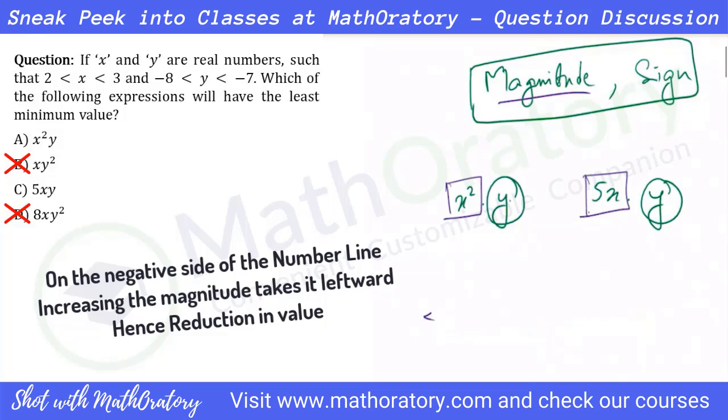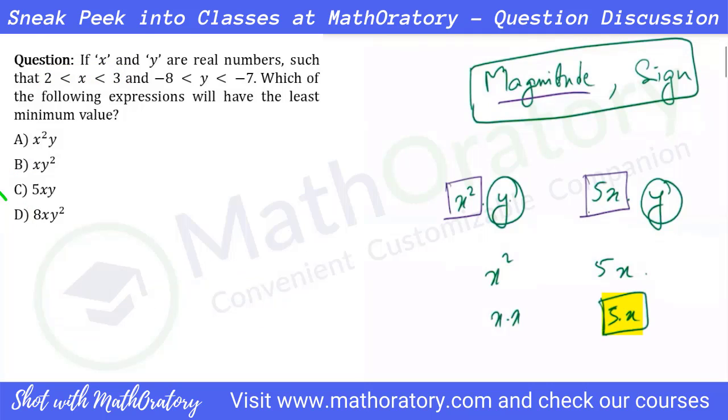If you look at this now, you have x square here and you have 5x here. X square is like x into x, right? And this is like 5 into x. Now x cannot be as high as 5 anyhow because the range of x is from 2 to 3, or rather lying between 2 and 3. If x can never be as high as 5, then obviously this is going to have a high magnitude. So the answer is 5xy.